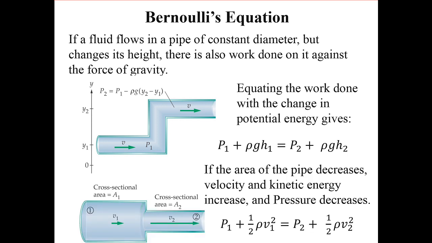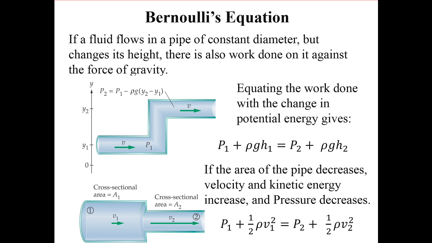The other effect is when the area of the pipe changes. Here, we have a pipe whose area has decreased. The potential energy is the same before and after, so we can forget about the potential energy for the moment. However, when the tube area decreases, the velocity of the fluid must increase to keep the mass balance, right? The same volume of liquid must enter and leave. The reduced area means the velocity increases.